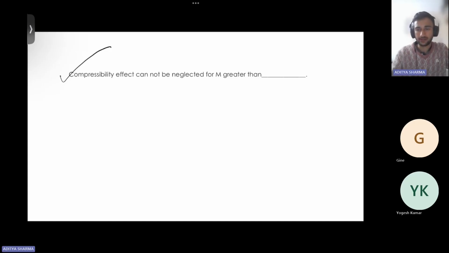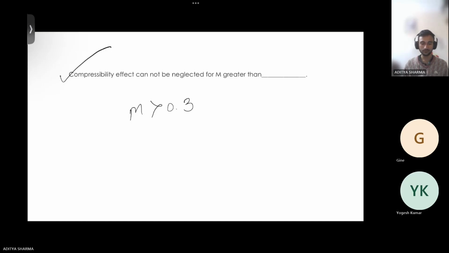All right. It is factual. So if you have read it, you'll be able to answer it. And if this has not gone through your eyes, you won't be able to answer it. So the answer is 0.3 only. So for Mach values greater than 0.3, compressibility starts coming into picture.